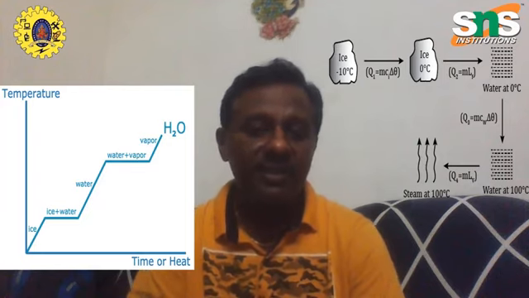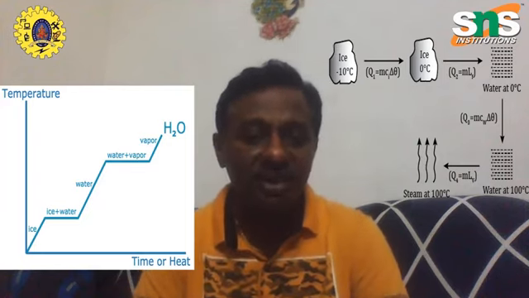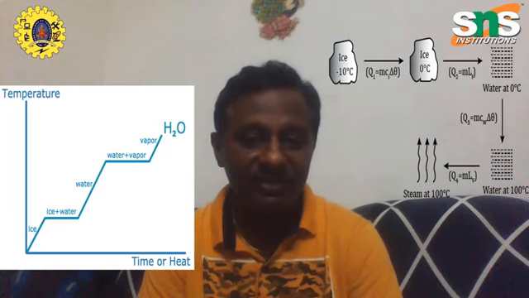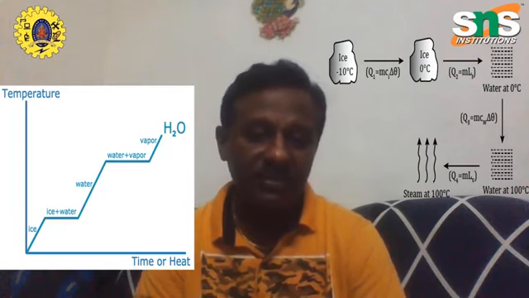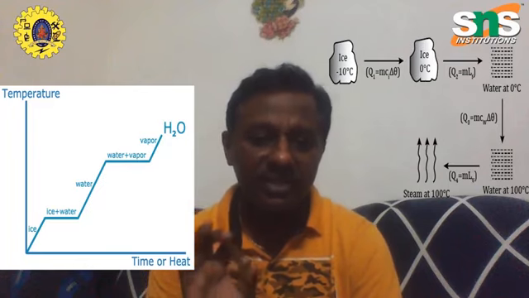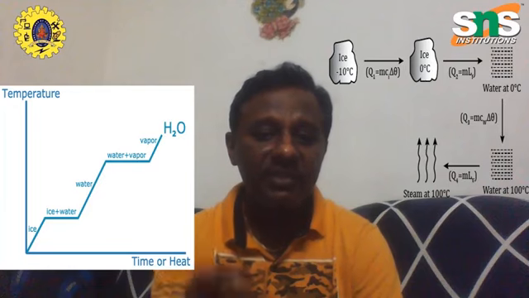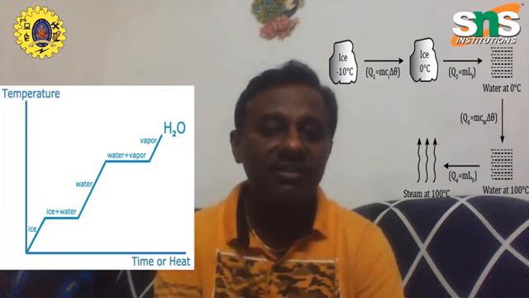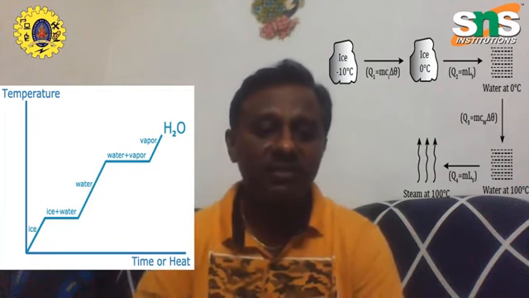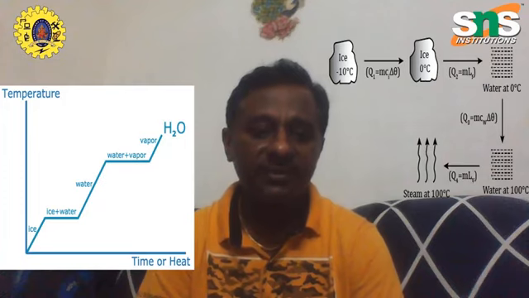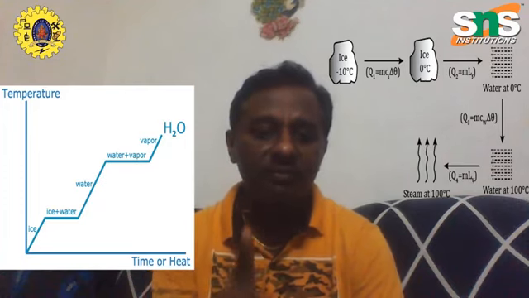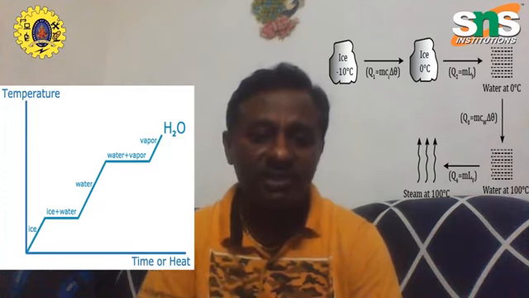We can say that 85 degrees Celsius means it is hot water, but it will not always be so. Only if you know the boiling point of water can you say whether it has converted into steam or is still in the water phase. So pressure is very important.